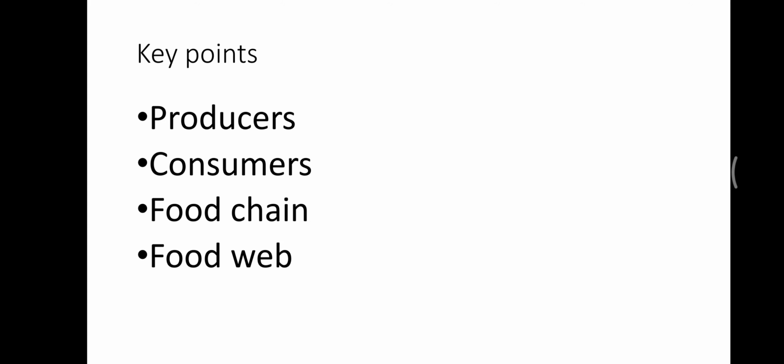If there is not a sufficient amount of producers, then there will not be a sufficient amount of herbivores. And due to fewer herbivores, there will be fewer primary consumers, then secondary, and then tertiary.